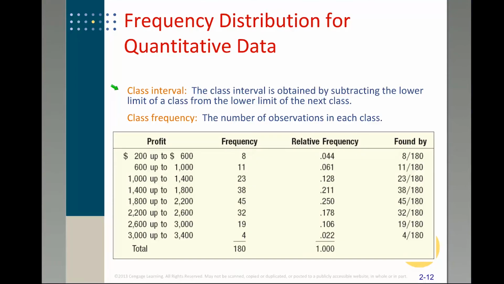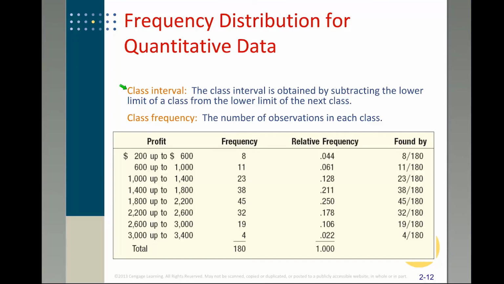And we define different classes in the whole range of the data, then we count the frequency within each class. Typically, we would pick 8 classes for relatively mid-sized data, right? We also need to make sure that the 8 classes we have will cover the whole range of the data.